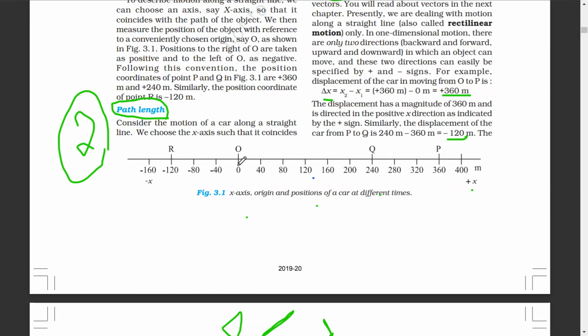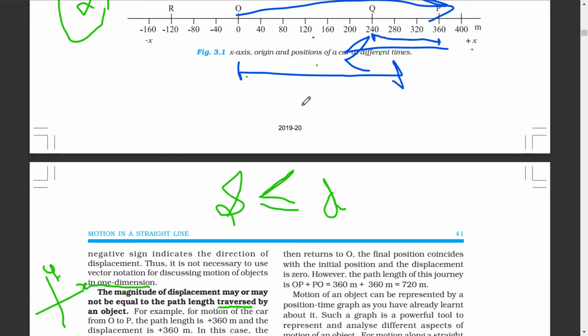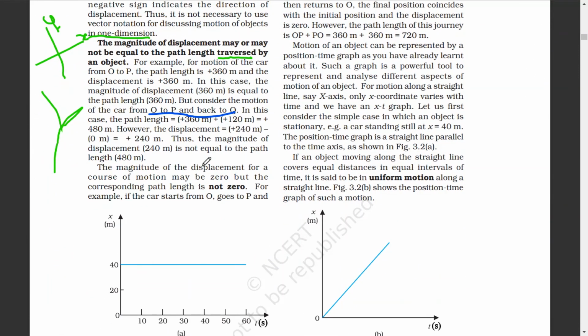So the distance traveled is nothing but 360 plus this distance, which is 120 meter. So this is the total distance, but displacement is only this 240 part, right? Let's move forward. Thus the magnitude of displacement is plus 240 meter and is not equal to the path length 480 meter.